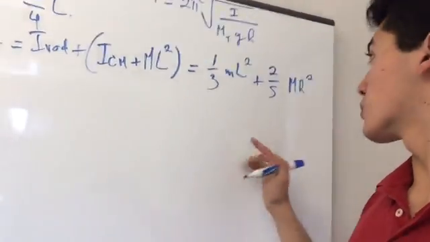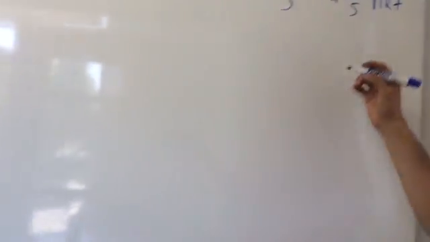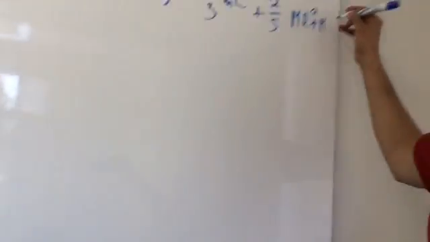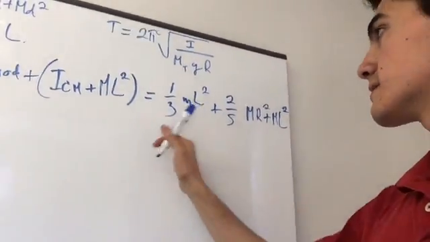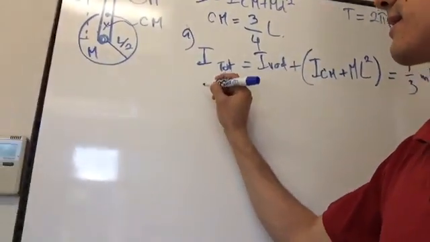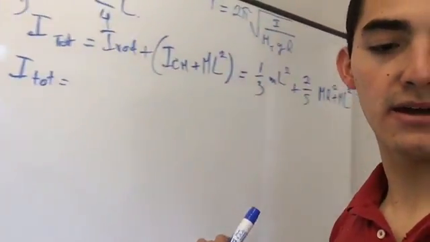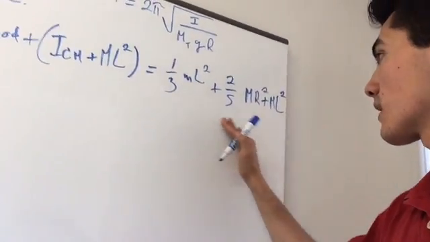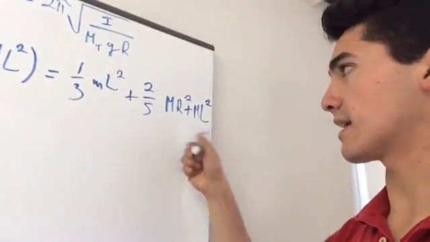Once we know this, we finally add the mass times L squared. Now we can obtain the total inertia by solving these equations in terms of m and L.